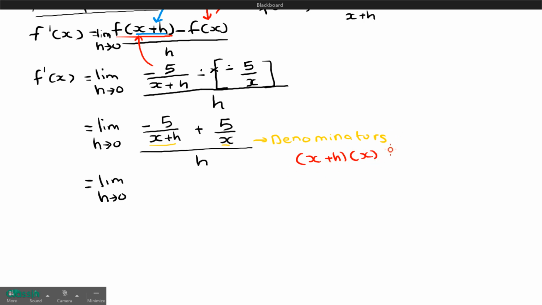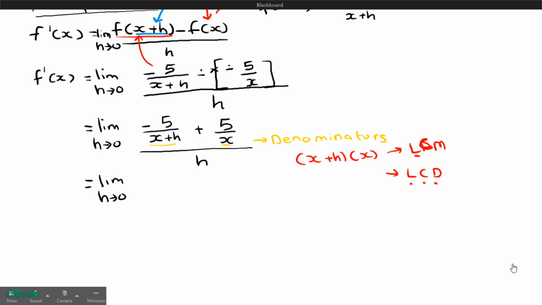This is because x plus h and the x there give the LCM, the lowest common multiple, or LCD, the lowest common denominator.